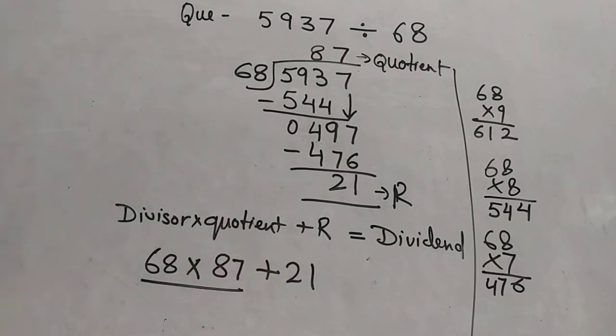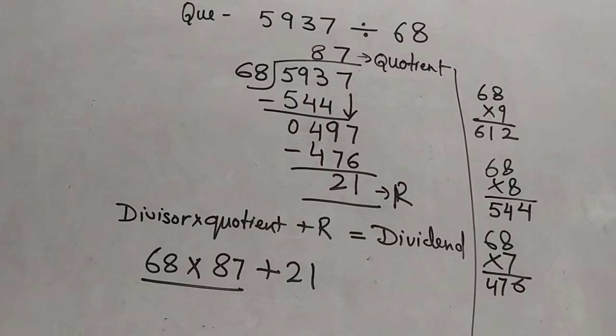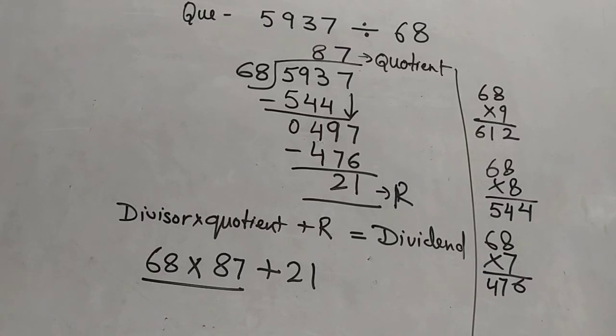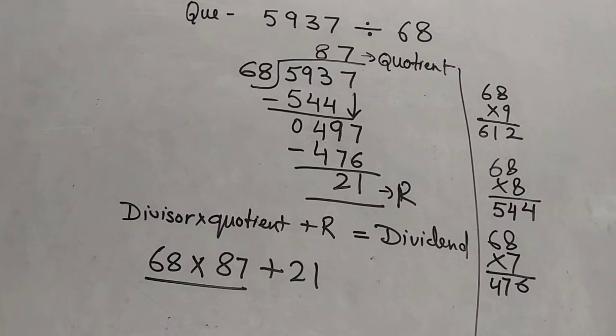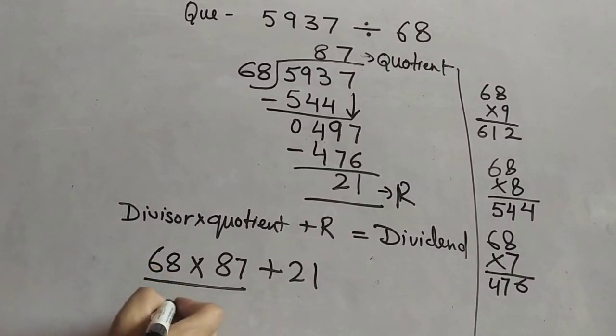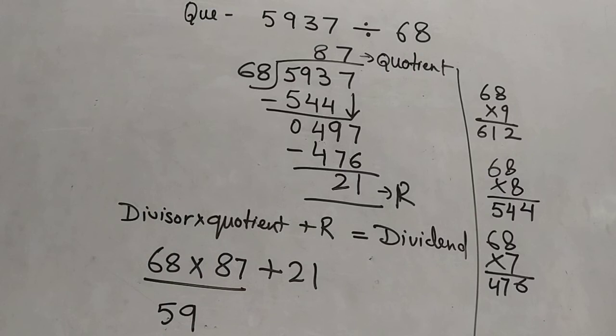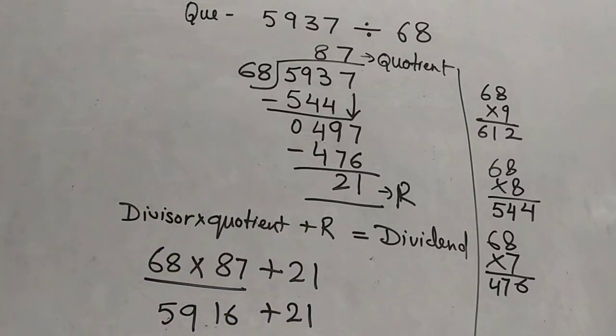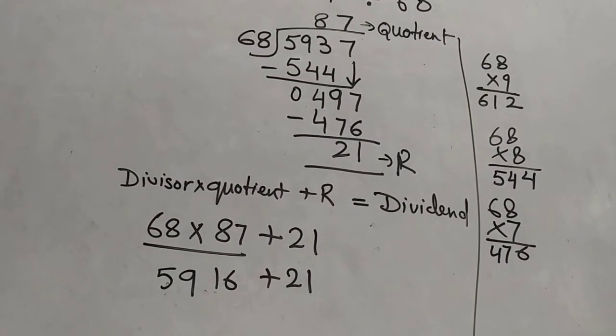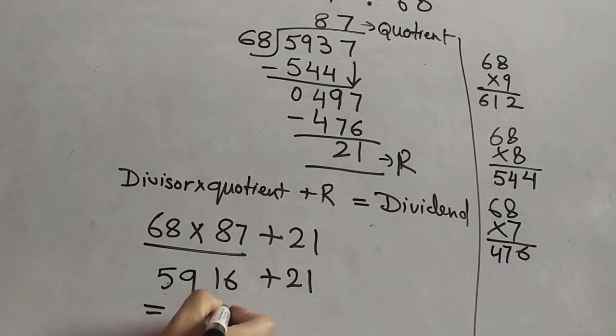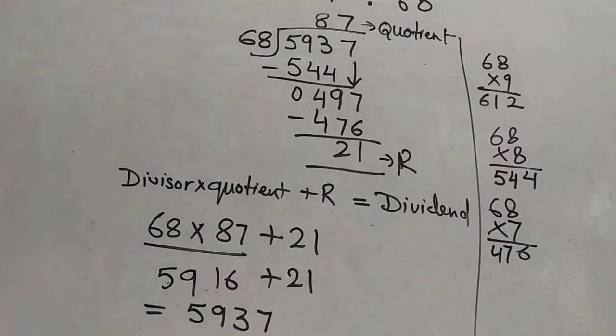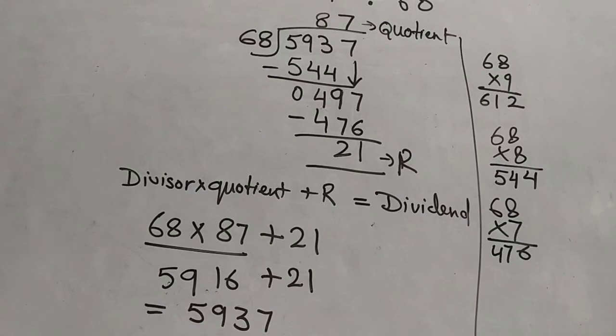When we are multiplying these two, the product is 5916 plus 21 equal to 5937, which is our dividend of this question. So it means we have done this question correctly.